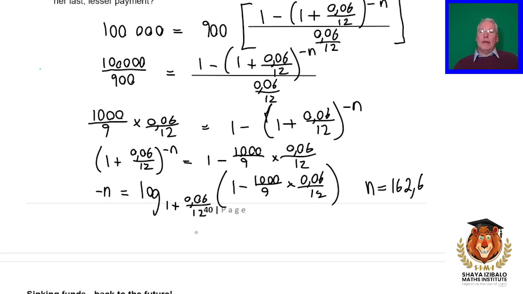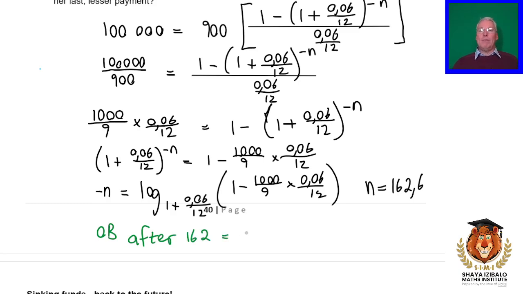Let's use the second method. So what we're going to do is work out the outstanding balance after 162 payments. So that's after her last full payment.